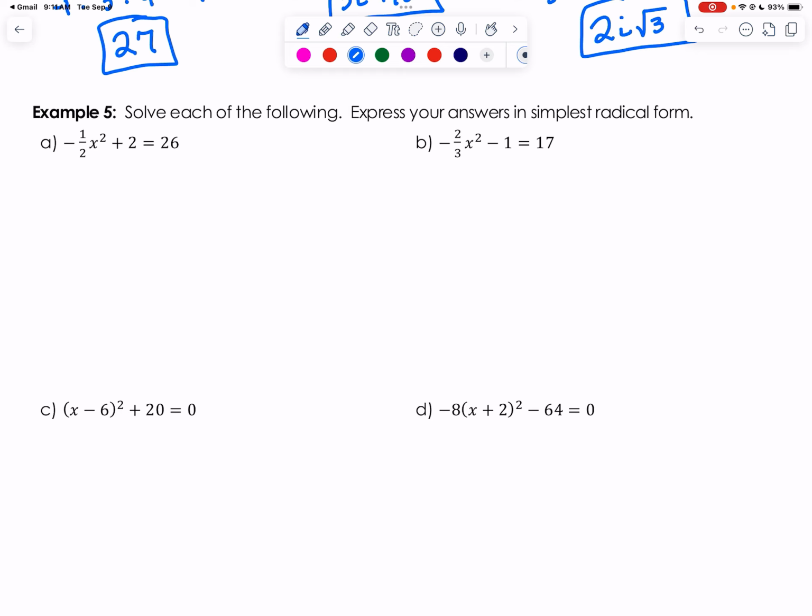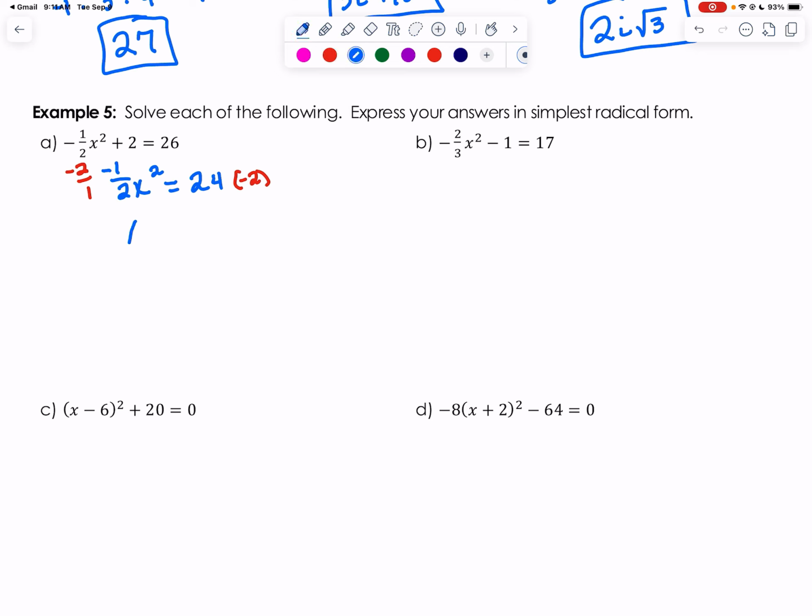We have negative 1/2 x squared plus 2 is equal to 26. So the first thing we're going to do to solve this is we're going to subtract the 2. And that will give us negative 1/2 x squared equals 24. Now we'll multiply both sides by the reciprocal, which in this case is negative 2 over 1.